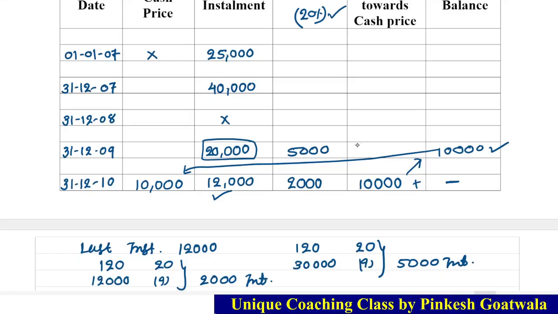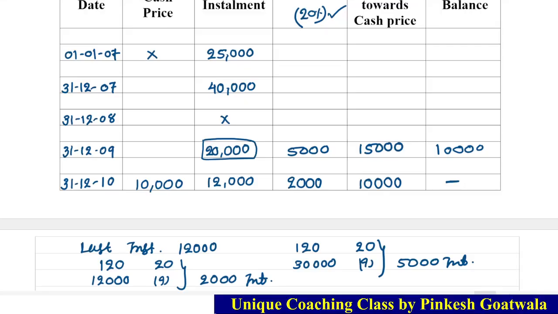So 20 minus 5, it will be 15. Now 15 and 10, the total of both, so we get this balance 15 plus 10, 25, and this balance will be transferred next year.